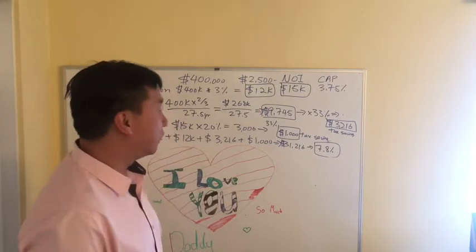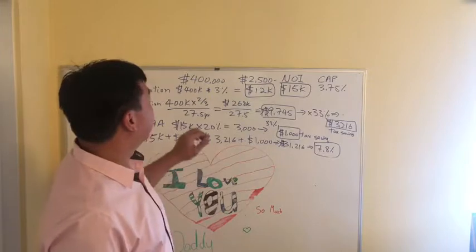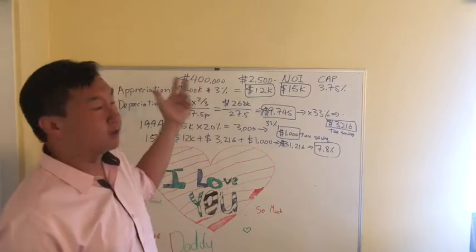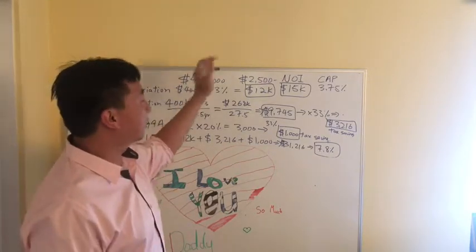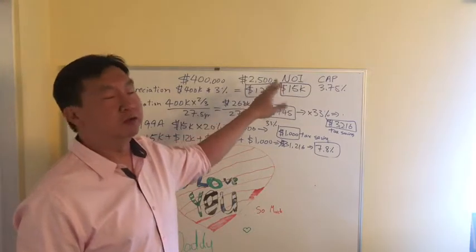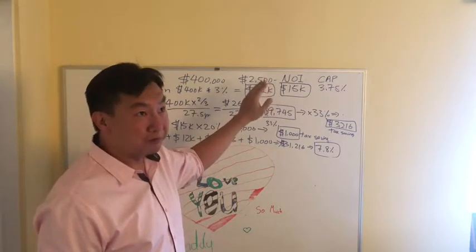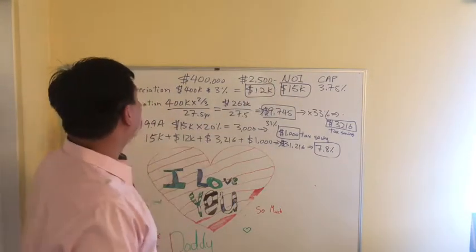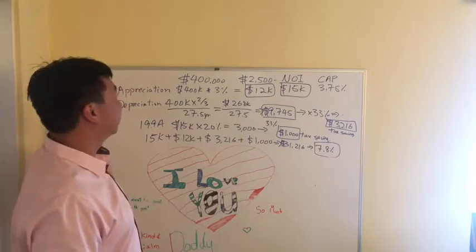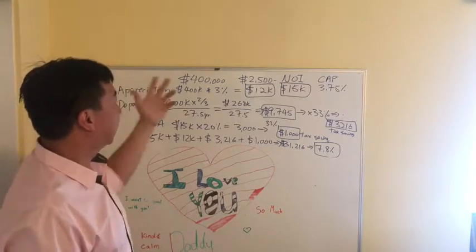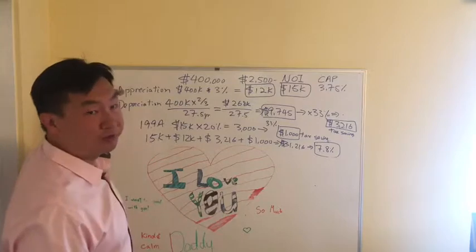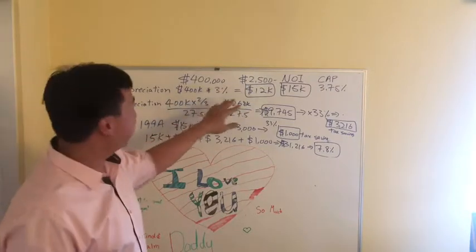In the second episode, we introduced a property that's a condo, $400,000, $2,500 in rent, and we went over the appreciation, nationally about 3%.